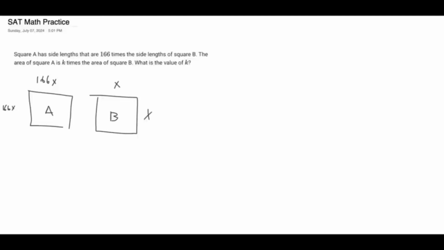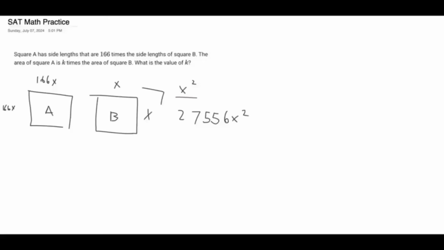So if we have x times x, that will give us x squared. And then we want to set this in proportion to 166x times 166x. So that's going to give us 27,556x squared.